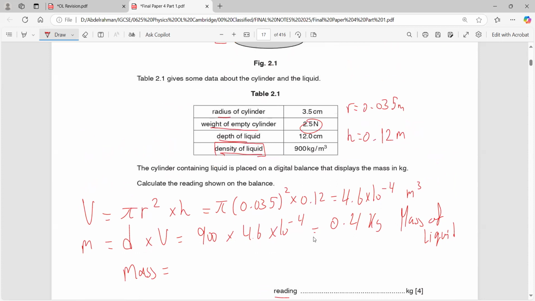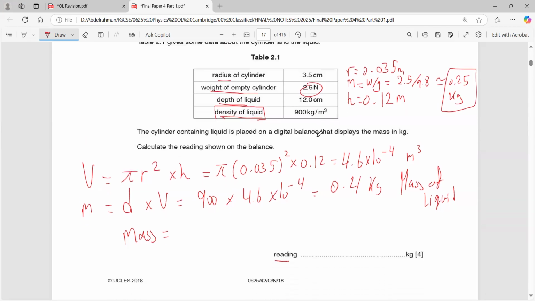You need to first convert the weight into mass by dividing by g. Mass equals weight over g, so 2.5 over 9.8, which is around 0.25. This is the mass of the empty cylinder, 0.25 kilograms.